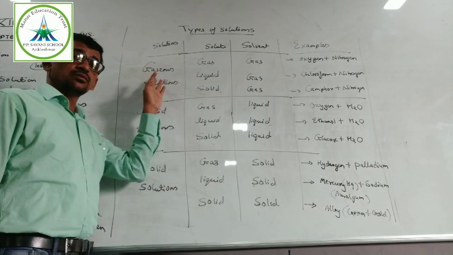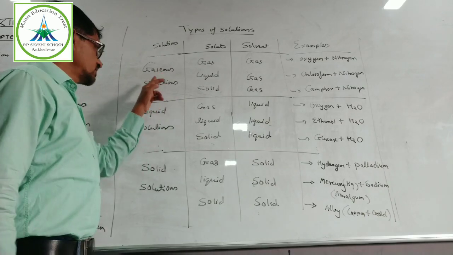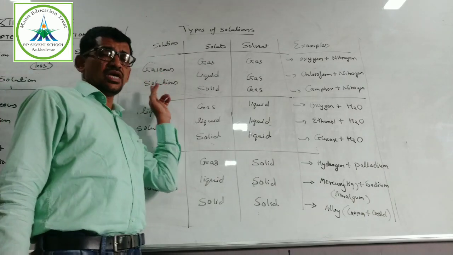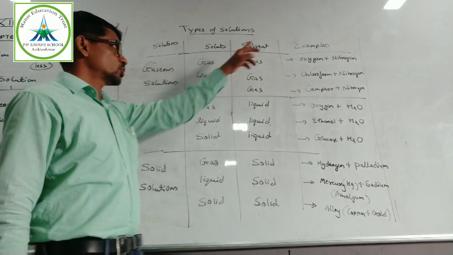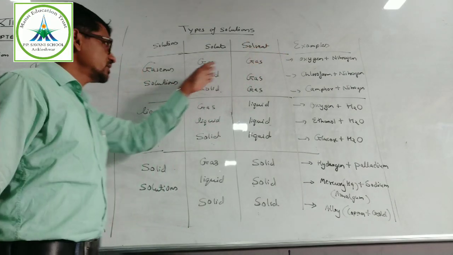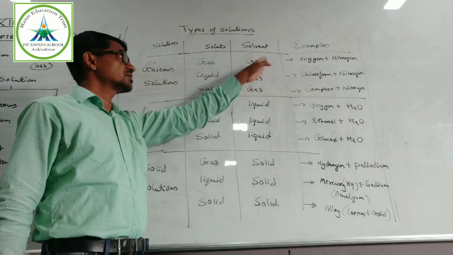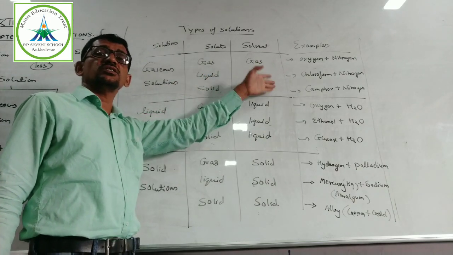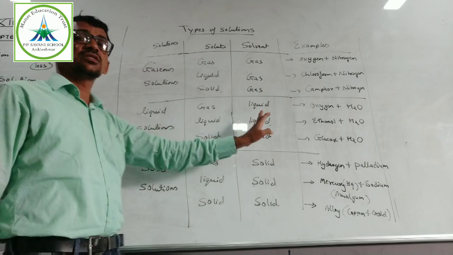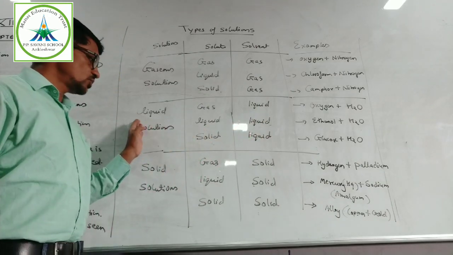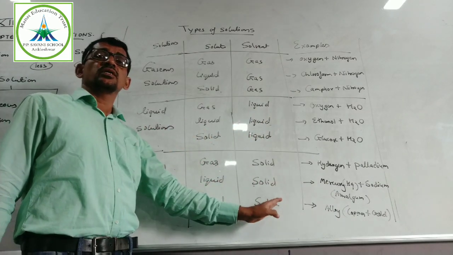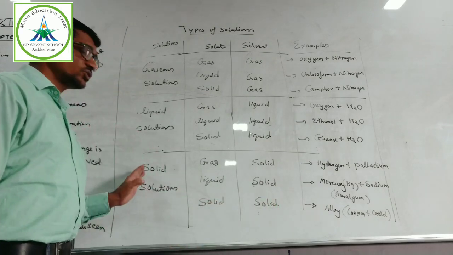First, the main three types. The gaseous solution is one in which the solvent is gas. Okay, the maximum amount, that is the solvent, is gas, then it is a gaseous solution. If the solvent is liquid, then it is a liquid solution, and if the solvent is solid, then it is known as a solid solution.